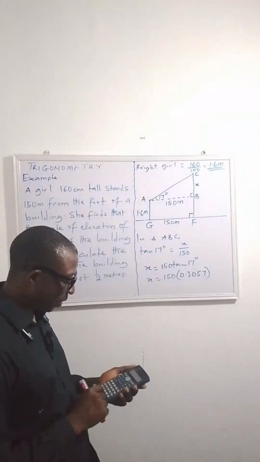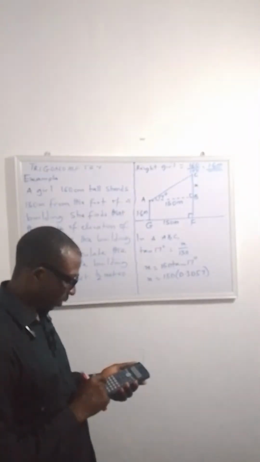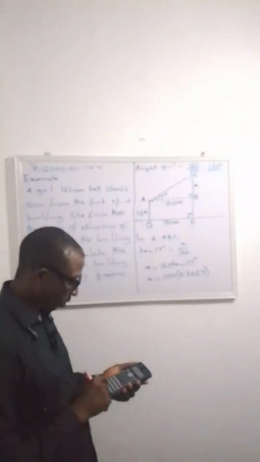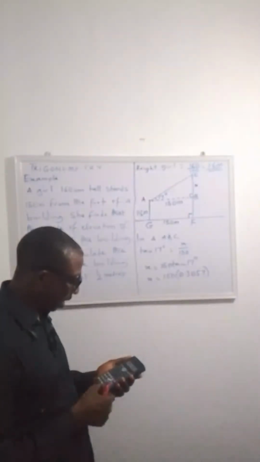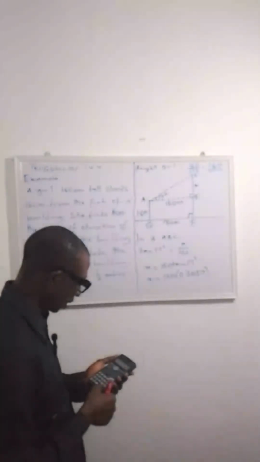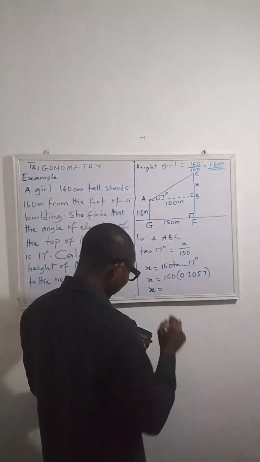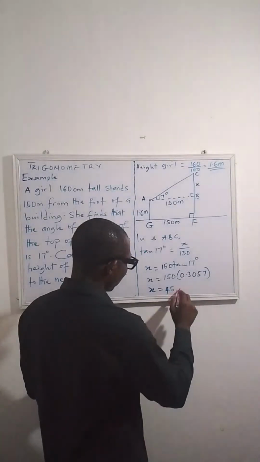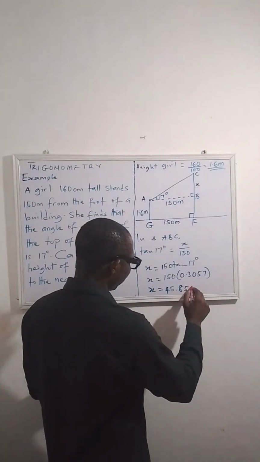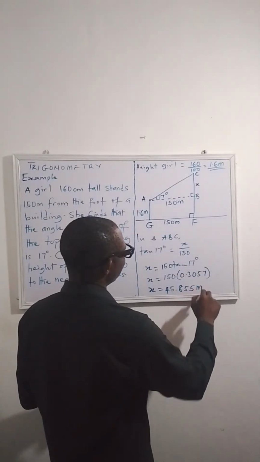All right, so now can we multiply together and see what we have? 0.3057. So now let's multiply this and see what we have. If we multiply, we have 45.855, and that is going to be in meters.